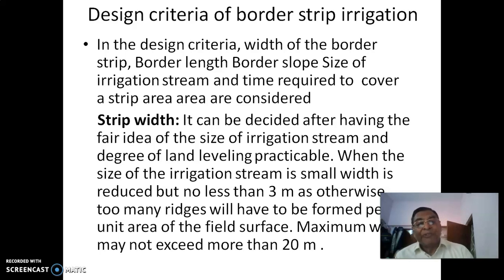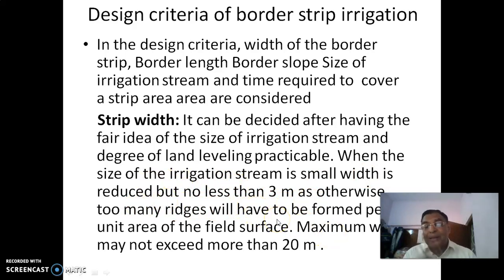See, for strip width, you cannot have a greater width if the infiltration rates are high. However, you cannot have too small widths also. You can see here, when the size of the irrigation stream is small, width is reduced to no less than 3 meters. Otherwise, too many ridges will have to be formed per unit area of the field surface.